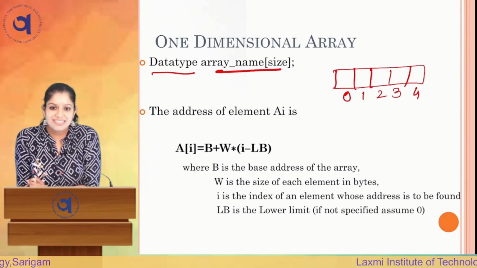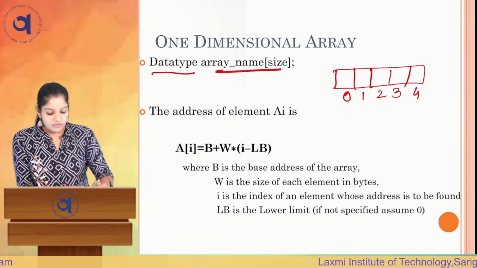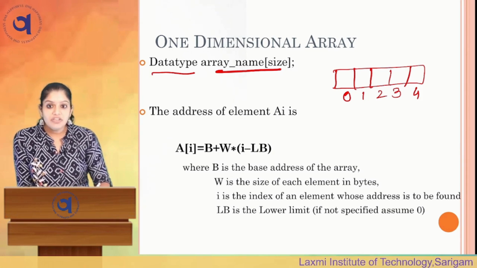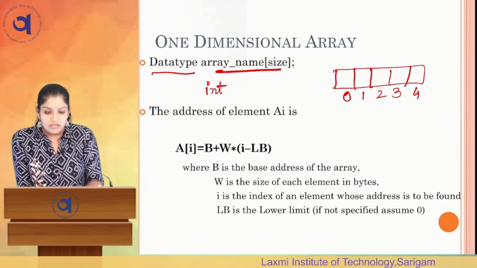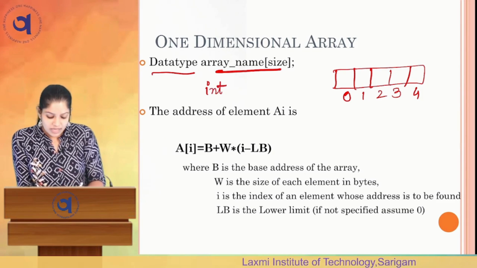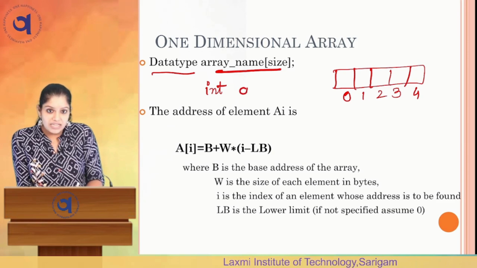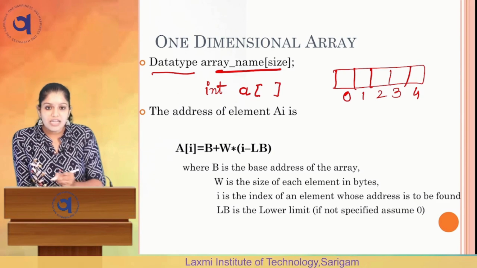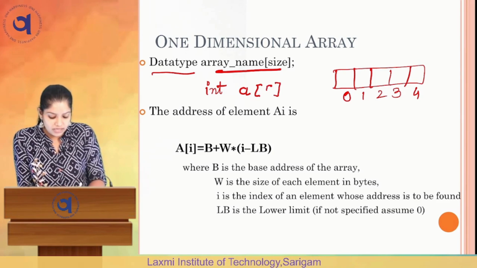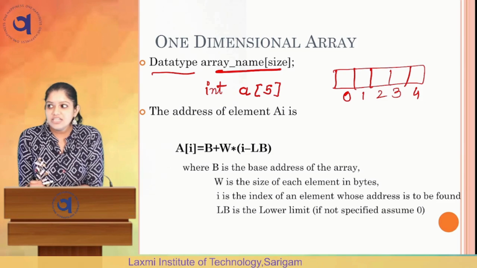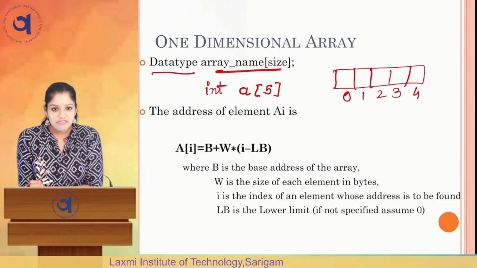First the data type, then the array name and a size. If I want to store data of integer data type, I need to write int, then the array name, let us say a. So, int a, and in a square bracket I need to write the size. Here the size is 5, so I write 5. So, this is the declaration: int a[5].